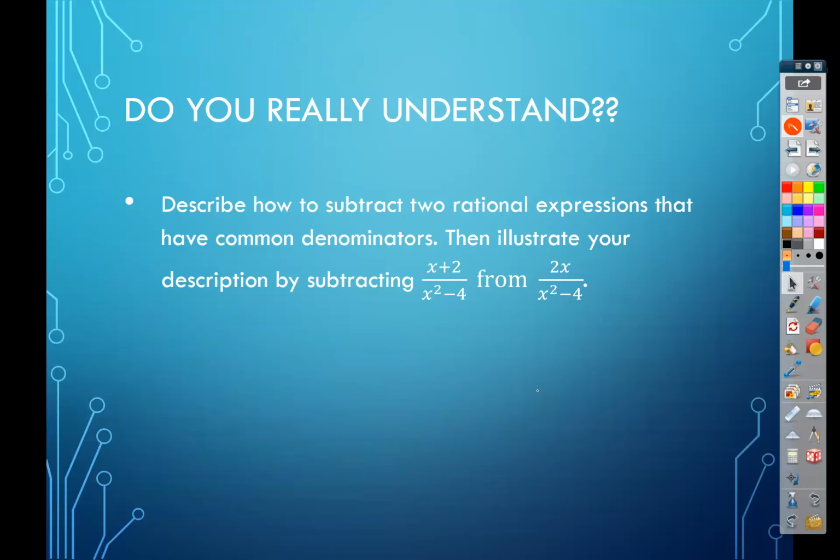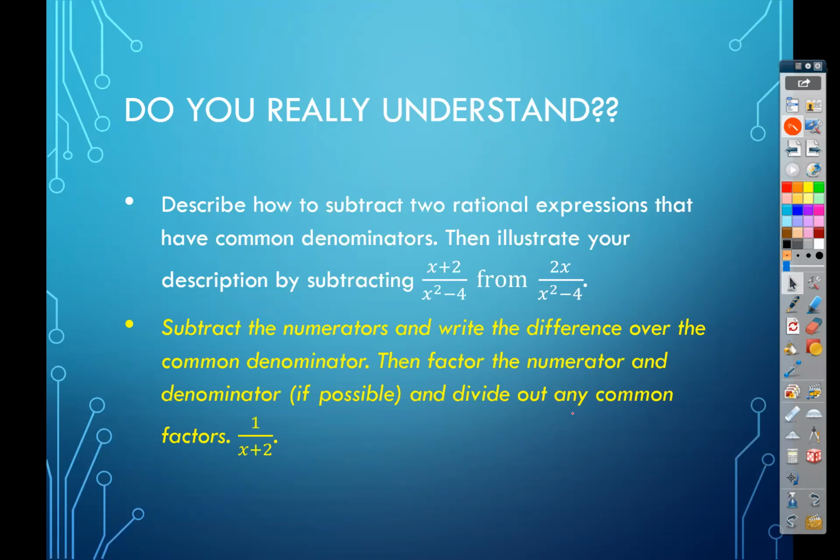Then illustrate your description by subtracting x plus 2 over x squared minus 4 from 2x over x squared minus 4. So describe how to do it. So you're going to subtract the numerators and write the difference over the common denominator. Then you would need to factor the denominator and the numerator if possible and divide out any common factors. And you should have gotten 1 over x plus 2.